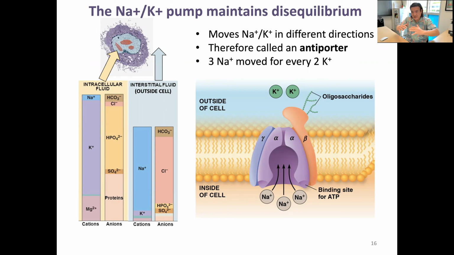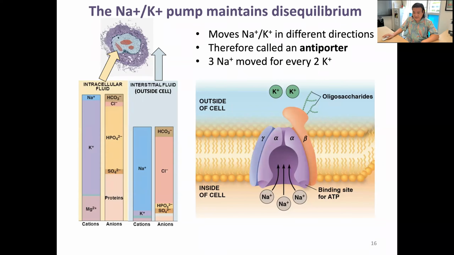And then when the protein changes its shape back, it'll actually bring those 2 potassiums into the cell. And we learned that that's how our cells on purpose maintain this very strong disequilibrium of sodium and potassium inside the cell intracellularly versus outside.